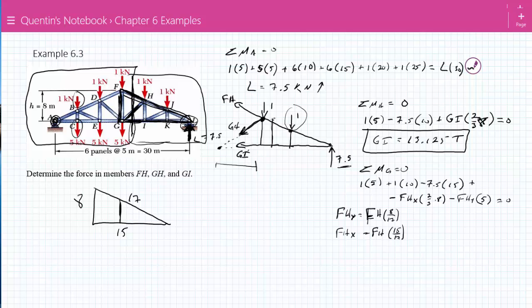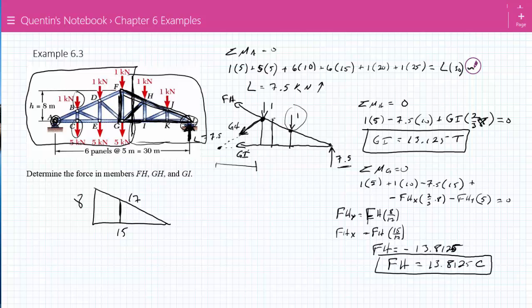So when you plug this all into this equation, you end up finding that FH is equal to minus 13.8125. Okay, minus telling us that we drew the arrow in the wrong direction. So FH is 13.8125 in compression.